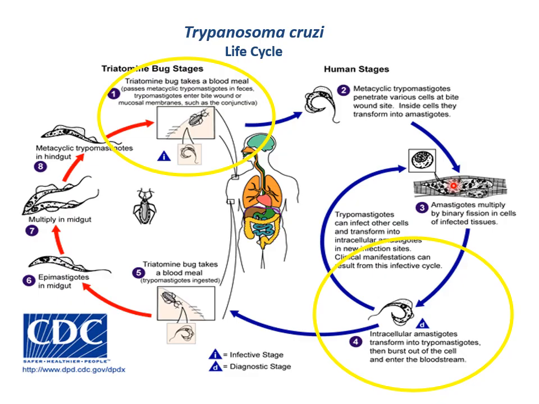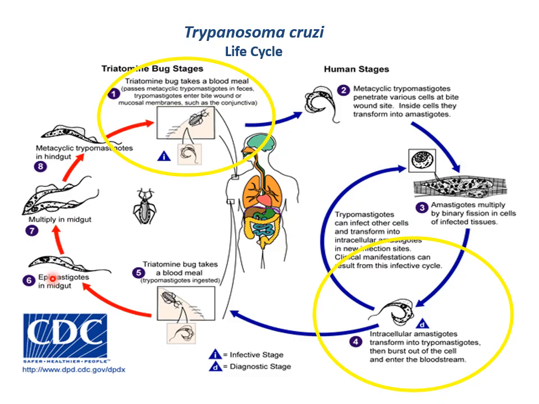And note that the amastigote stages are present either in the case of Trypanosoma cruzi or in the case of Leishmania species. It is not a stage that we find in the case of African Trypanosoma, manifested as either brucei gambiense or rhodesiense. So these amastigote stages will divide by binary fission in cells of infected tissue, and some of them will transform back into trypomastigotes whenever amastigotes rupture the cell they infected.